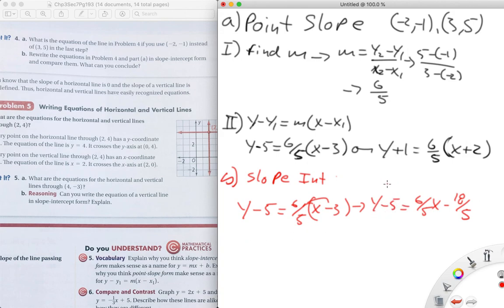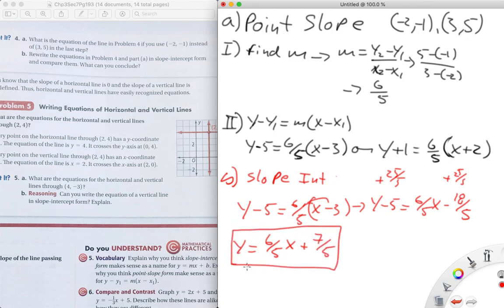Instead of 5, I'm going to call it 25 over 5, so that I can deal with the equation. So it's going to be y equals 6 fifths x, negative 18 plus 25. That's 7. So plus 7 fifths. And that's my equation in slope-intercept form.